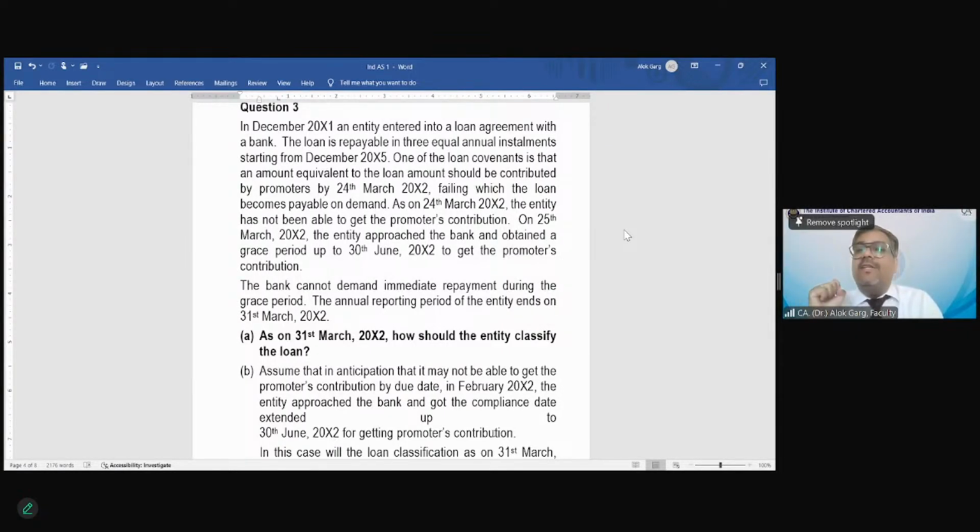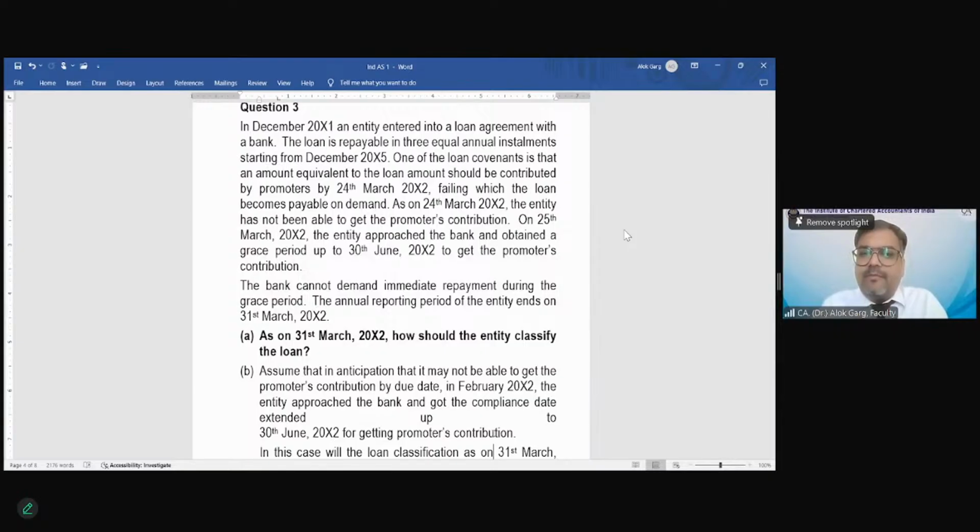But there was a condition attached to this loan. And what was the condition? The company has to contribute the equity before March. So before the due date, the management proactively went to the bank and asked the bank to please extend my compliance date, this loan term and condition, from 24th March to 30th June, which will fall after 31st March.